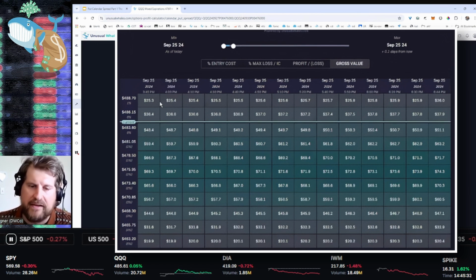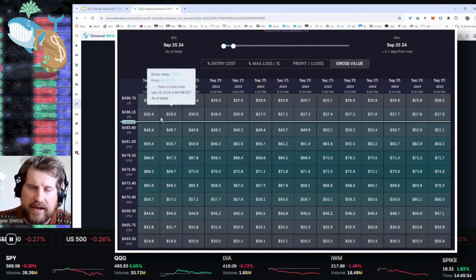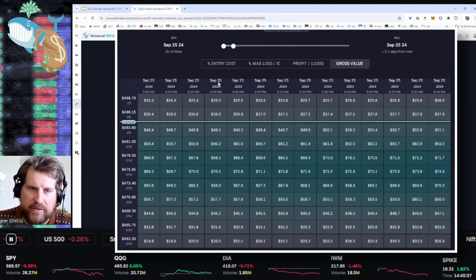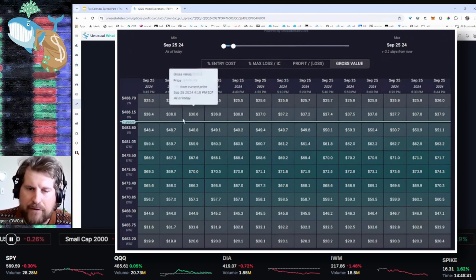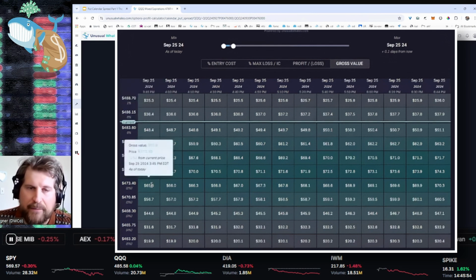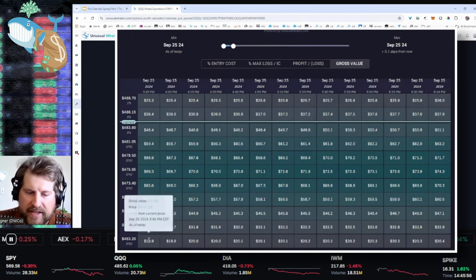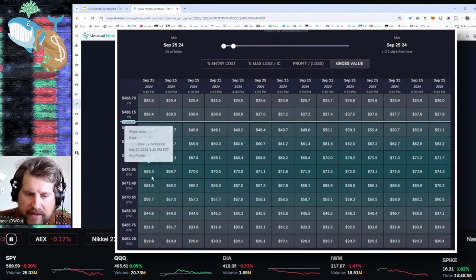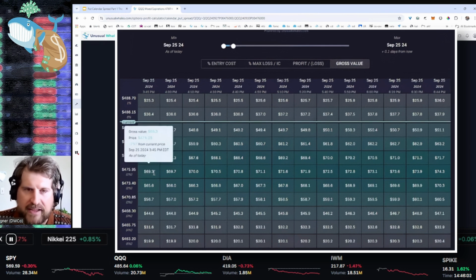That means the purchase debit on this trade would be $46. So if price just instantly teleported down to 476 right here, the gross value on this thing that you paid $46 for would only be up about 50%.